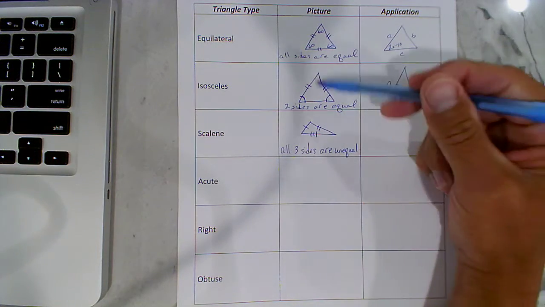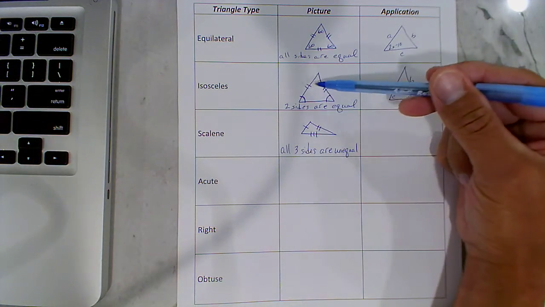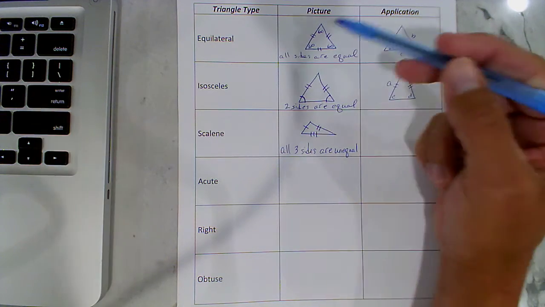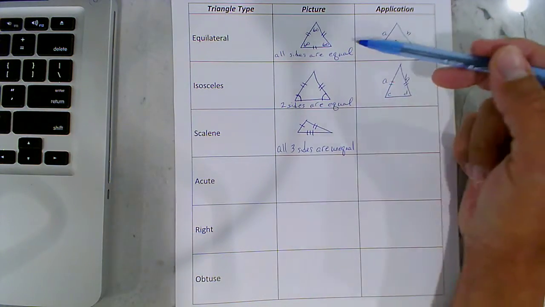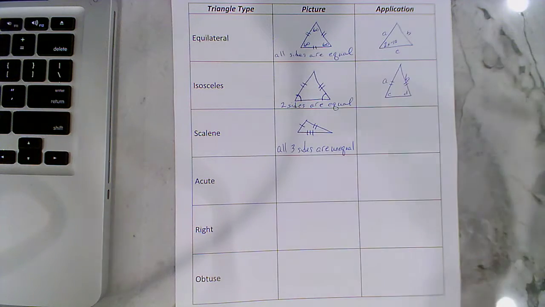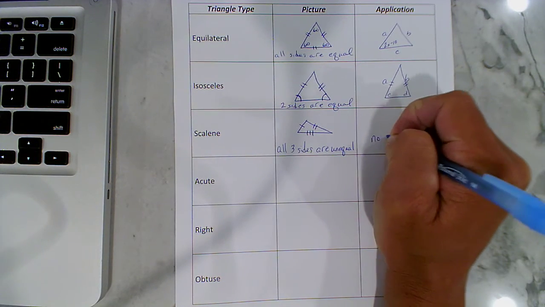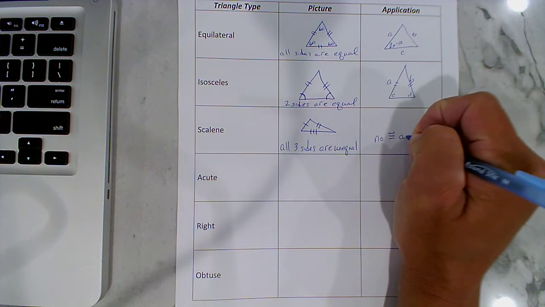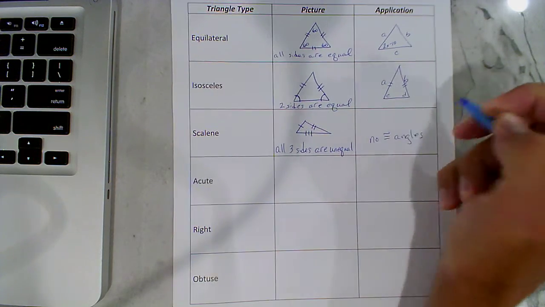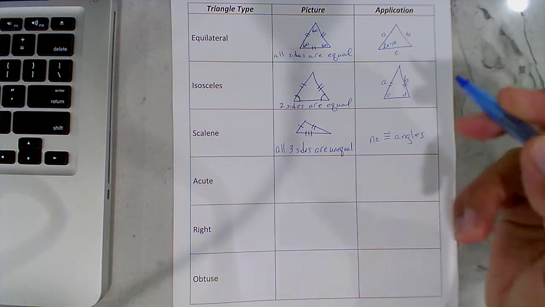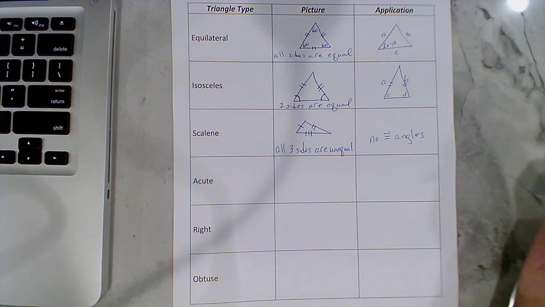So same concept to carry over. If two sides were congruent, two angles were congruent. If three sides were congruent, three angles were congruent. If no sides are congruent, no angles are congruent. So if you had no congruent angles, and you were doing some algebra to show that, you could then conclude scalene.